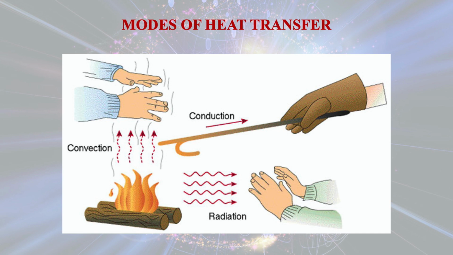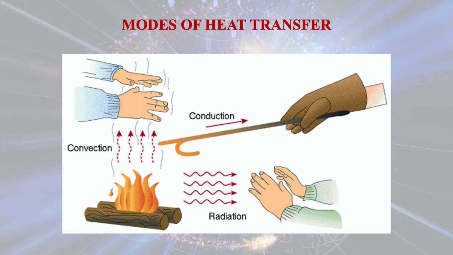And you see the person who is putting his hand just on the top of the flame, he is also receiving heat, and that is due to the convection. Here what is happening, the air which is adjacent to the flame is being heated and its density decreases.